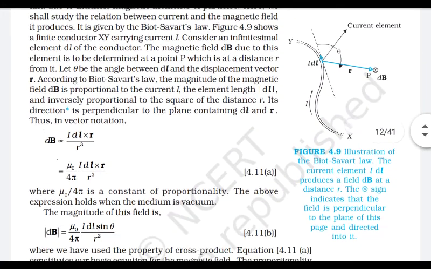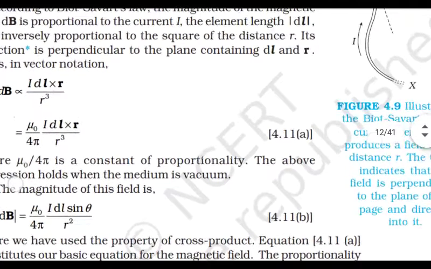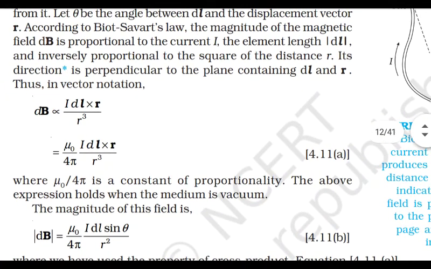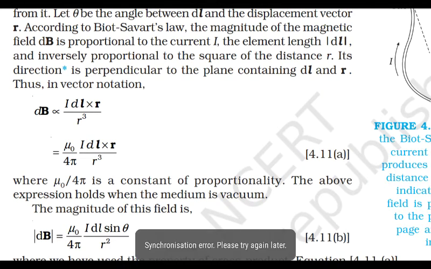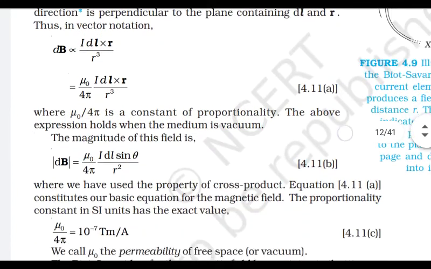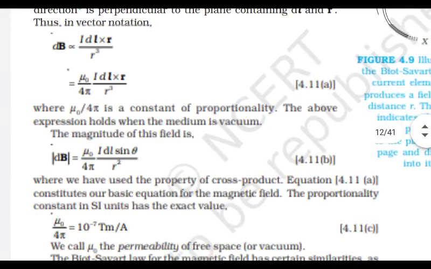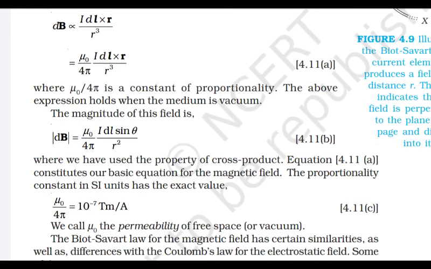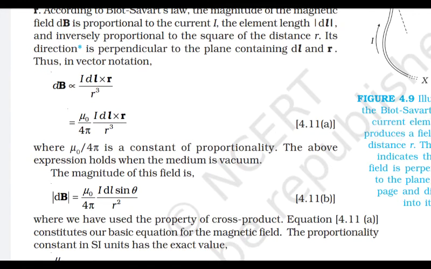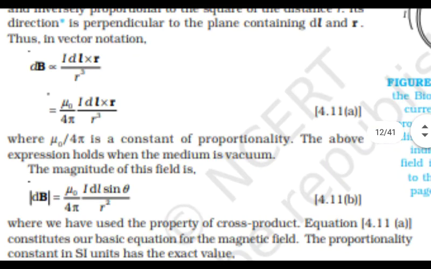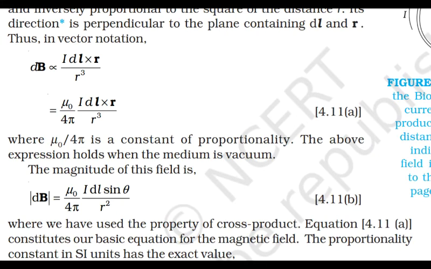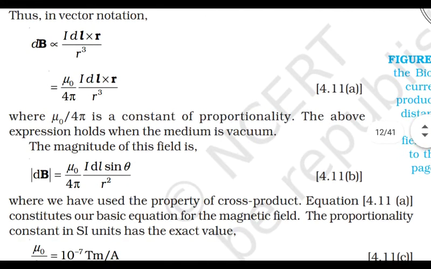Now here you can see I dl sine theta upon r square, which is the form we have done, and in vector form, the magnetic field will be mu 0 upon 4 pi, I dl cross r upon r cube, where dl is a vector quantity, multiplied by r, that is why it is r cube down, otherwise it is r square.